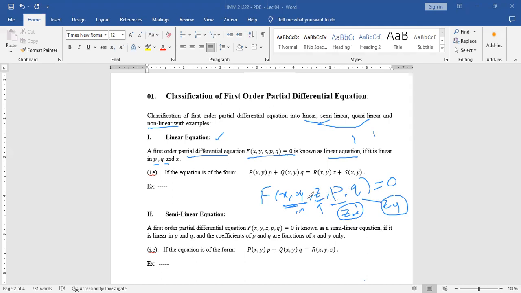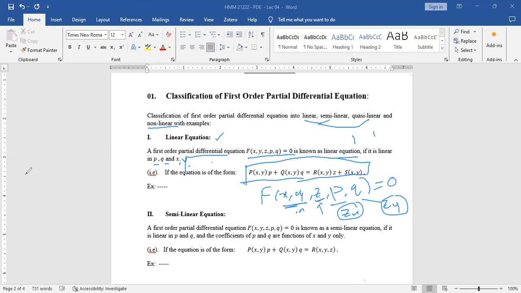So if it is linear, it should have only p, q and x, y terms. A first order partial differential equation is known as a linear equation if it is linear in p, q and x, y. If it is in this form, we call it a linear equation.